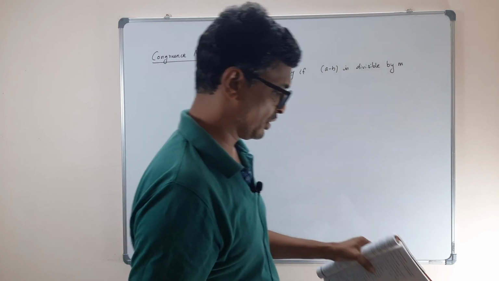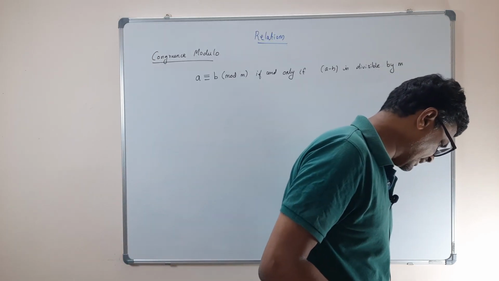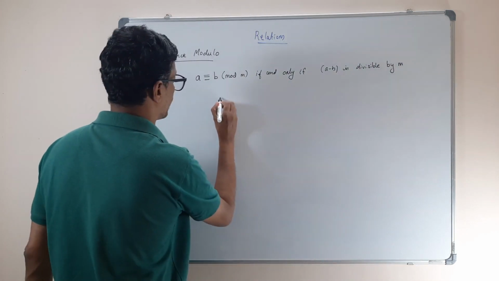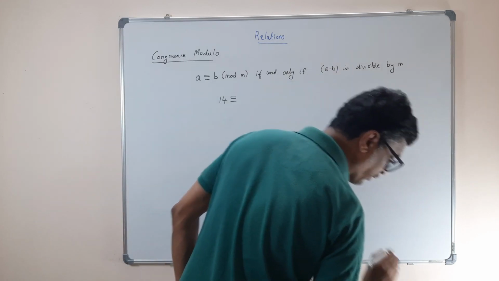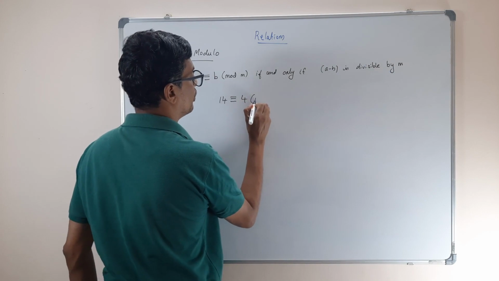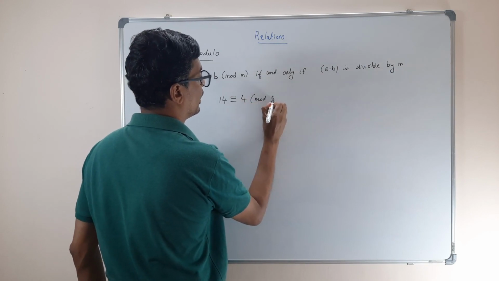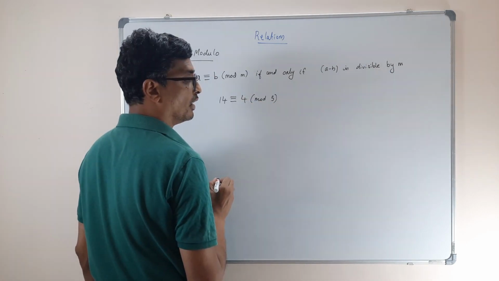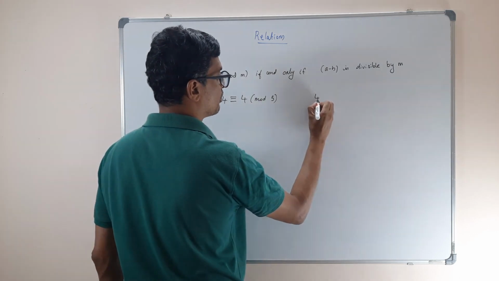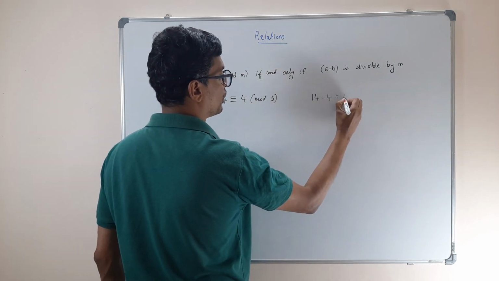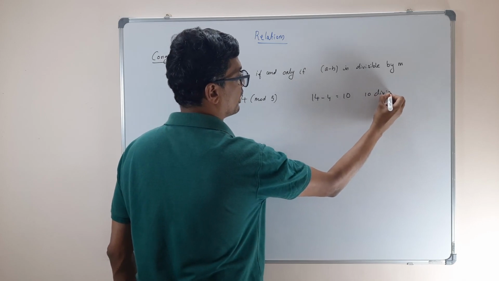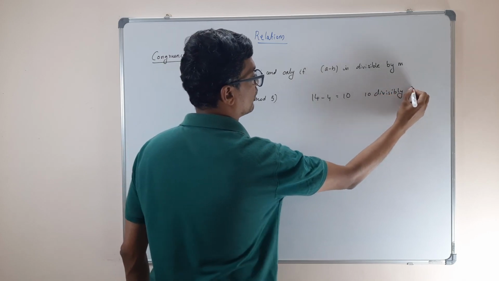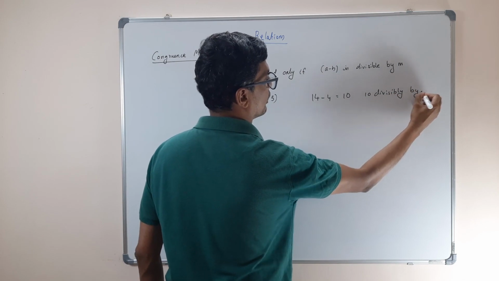Then they give an example. One example they have given is 14 is congruent to 4 mod 5. Is that correct? Because 14 minus 4 equals 10, and 10 is divisible by 5.